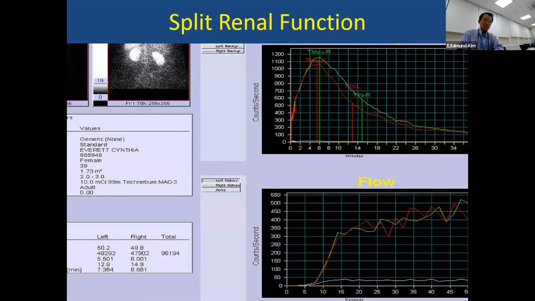That's very important information for urologists. If there is a sick, bad kidney, then there is a higher chance for usually infection, inflammation. And so it's better to take it out if the function is less than 1/3 of total function. So that's what we generate by nuclear renal scan.